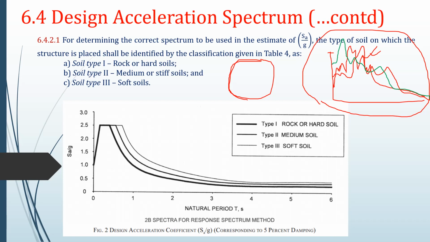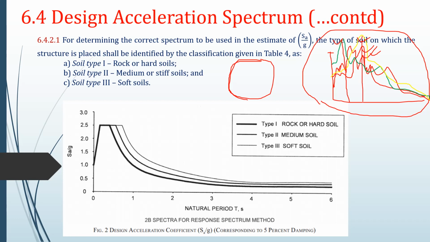So let me draw with another color here. If you compare these three response spectra, this green one, this yellow one, and this red one, what you see is that the peaks or the valleys, that means the maximum displacement or the maximum response of our structure, will not occur at the same time period.